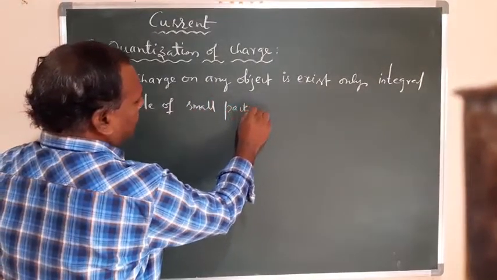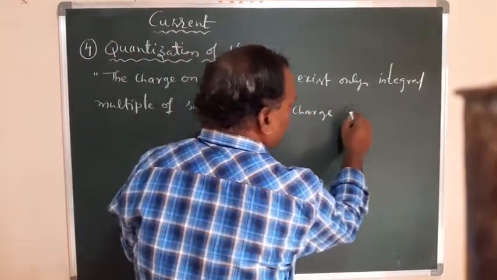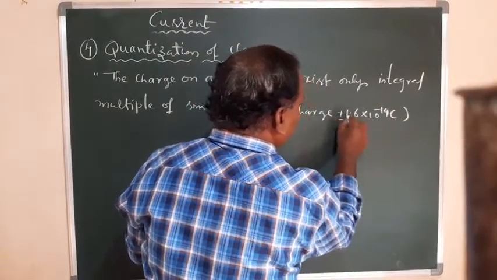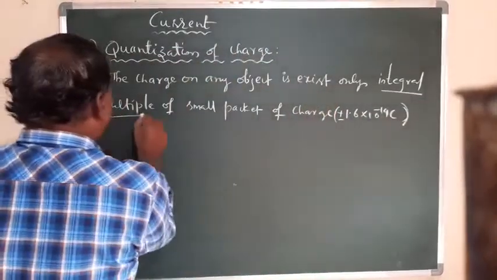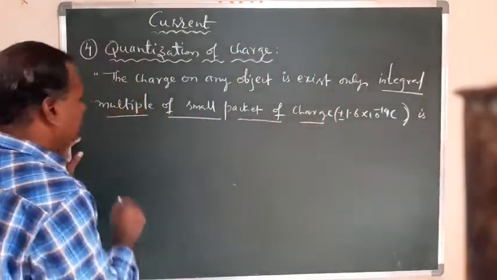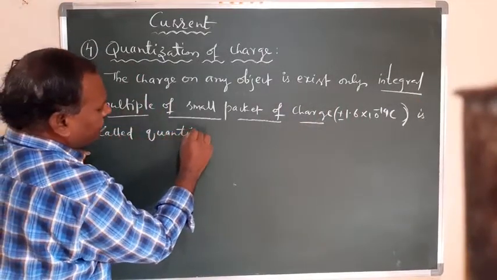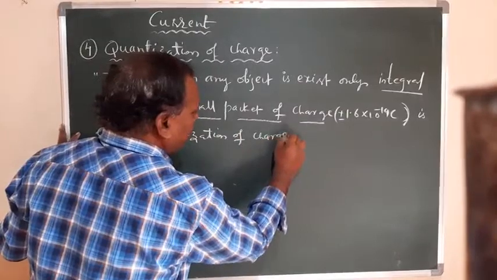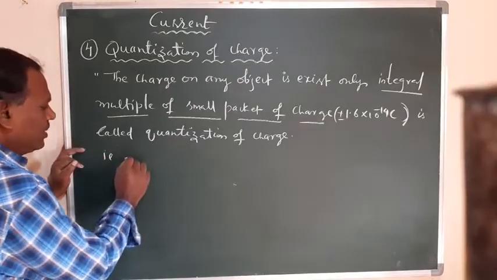The small packet of charge is 1.6 × 10^-19 coulomb. It may be plus or minus, it doesn't matter. An integral multiple of the small packet of charge is called quantization of charge.